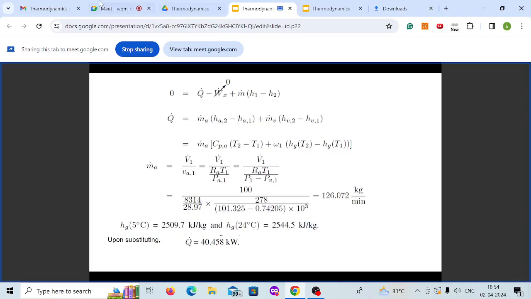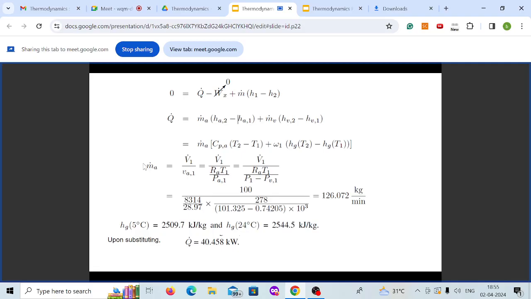Again, for dry air it can be written as Cp delta T, plus omega, if you divide by the mass of dry air, times Hg, since the water vapor is in gaseous phase, at temperature T2 and at inlet T1.